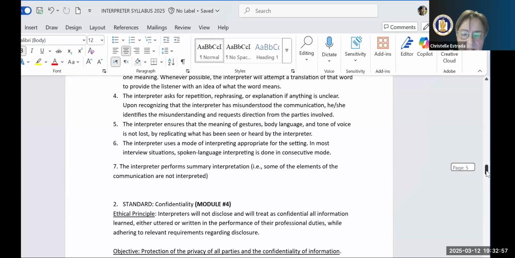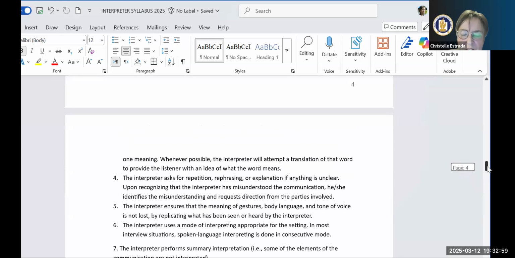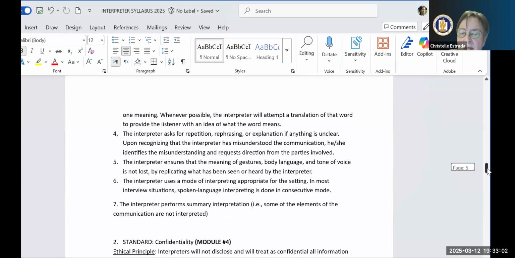So if there's a long stretch and there's confusion, then you ask the administrator, can I summarize it this way? Right? Because remember, the responsibility is on the educator to be clear, and the interpreter is just supporting the understanding of the meaning that is being communicated to the family.